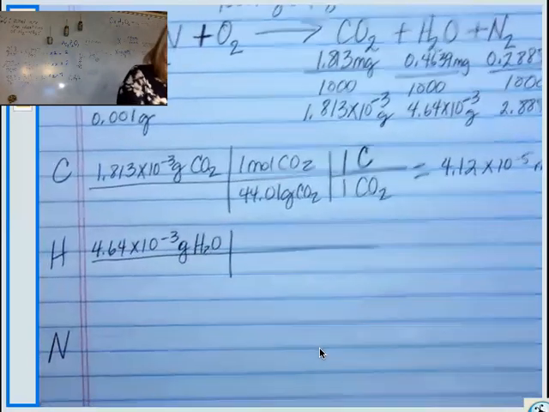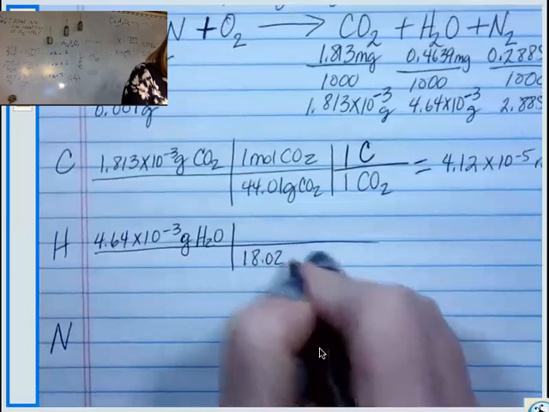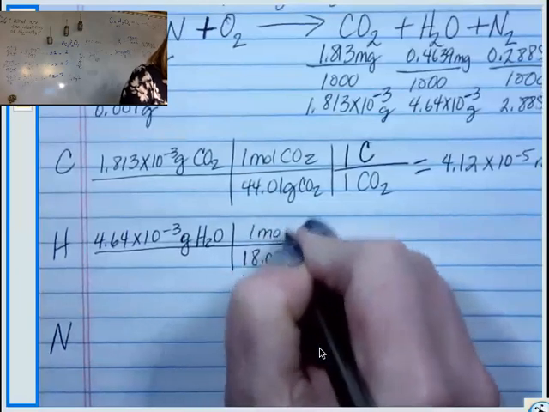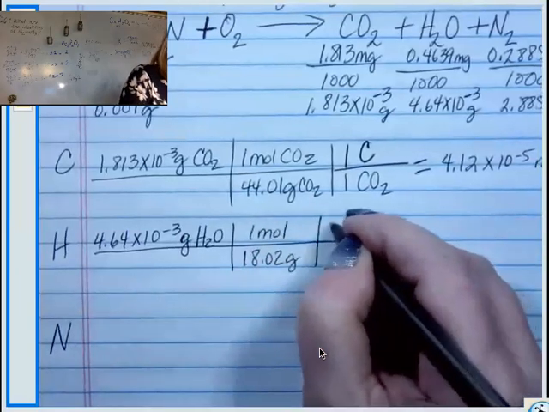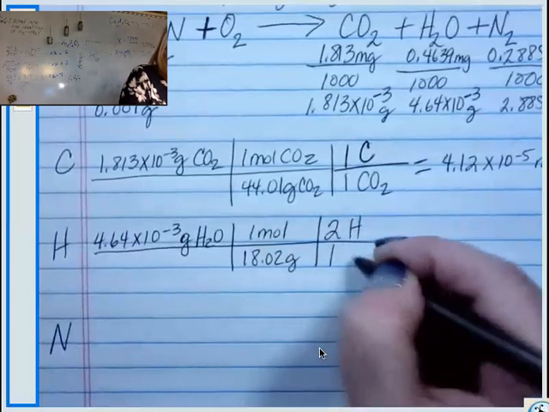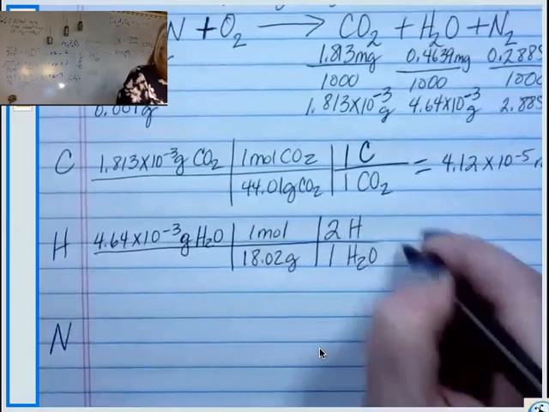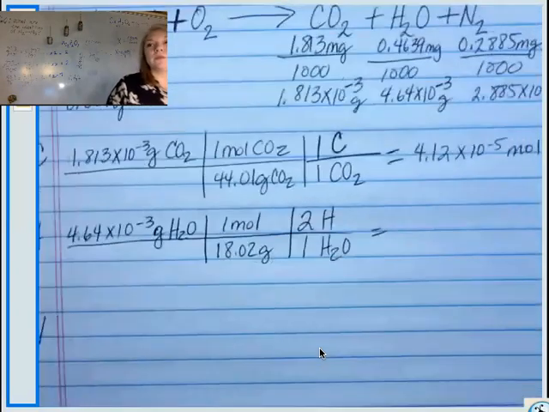Okay, so for water, 18.02 is your molar mass in 1 mole, and then there are 2 hydrogens for every 1 water. Let's get your numbers done real quickly on that one.